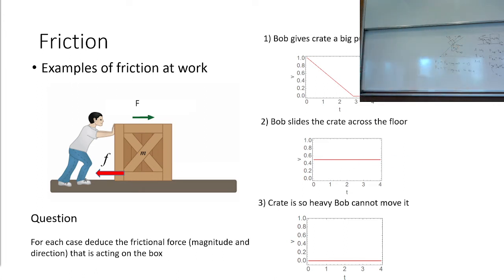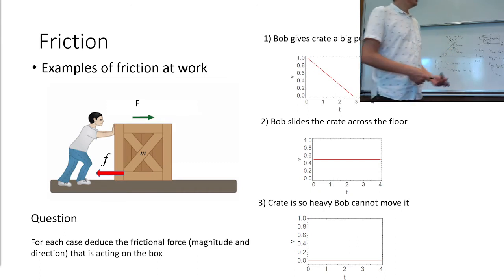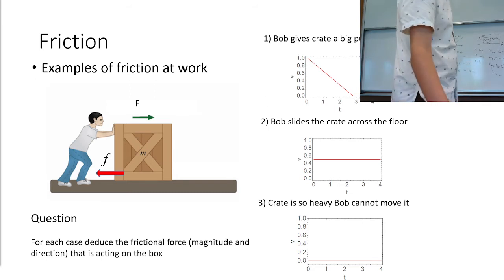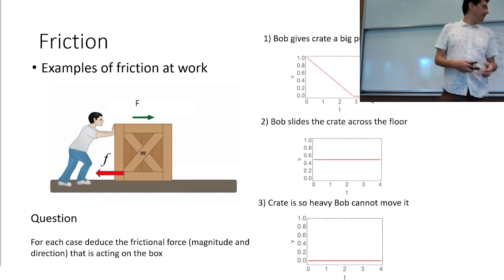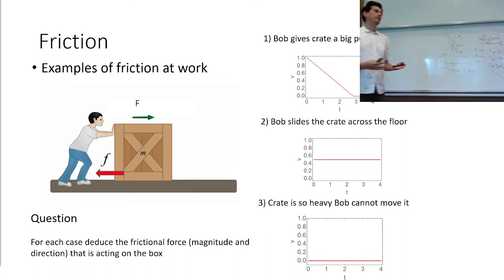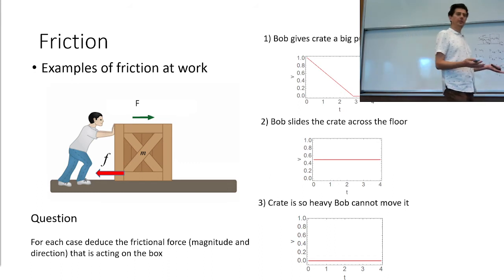Another situation is that the crate is so heavy that you cannot actually move it. Right? So he's pushing on it. Maybe it's not the best example, but if I'm pushing on the TV here, I'm pushing it with some force, but it's not moving. So I'm definitely providing a force, but nothing's happening. Those are three situations where, of course, friction is involved.